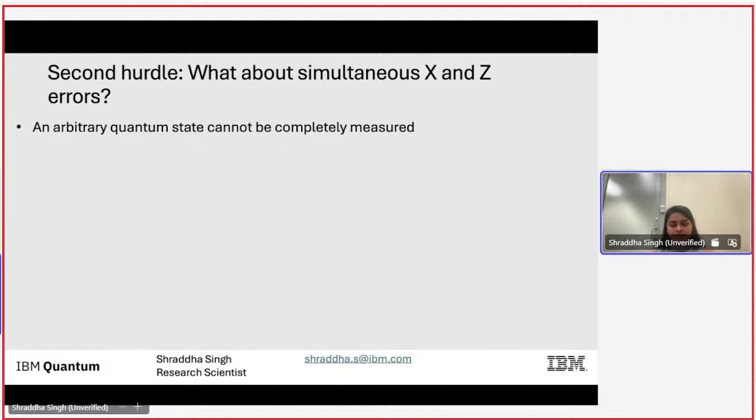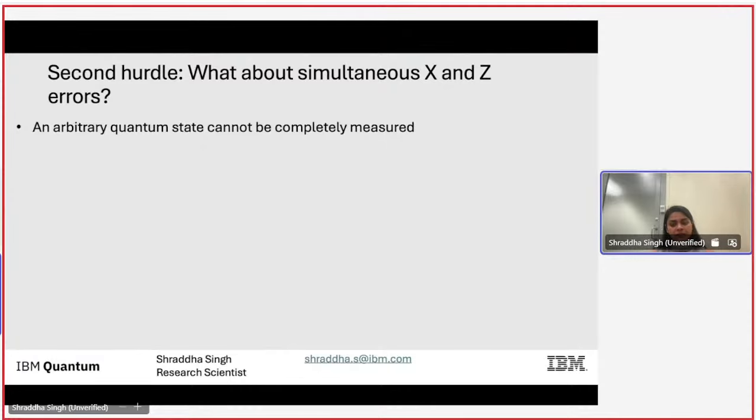And this is basically related to the good old Heisenberg uncertainty principle, that you can't measure X and Z on a single qubit at the same time and retrieve the entire information about the quantum state. Because a measurement of Z would collapse the state onto the Z eigenspace, but then the measurement of X would be random on that state.